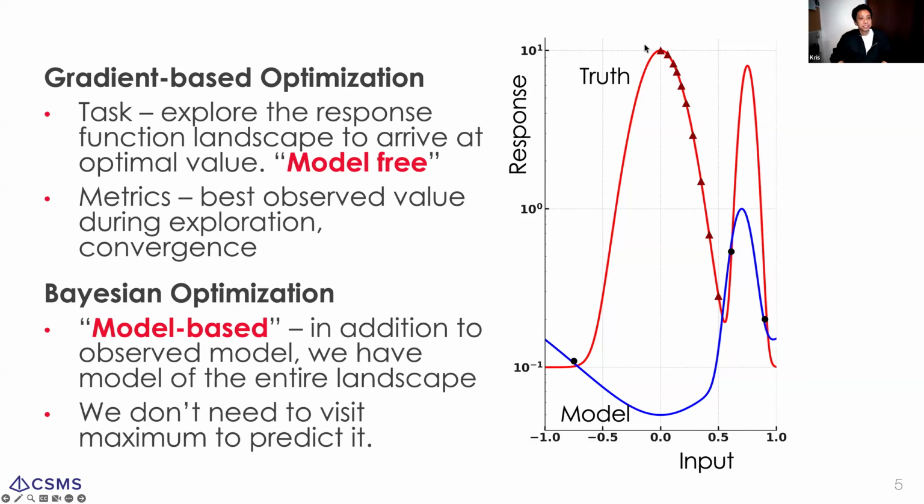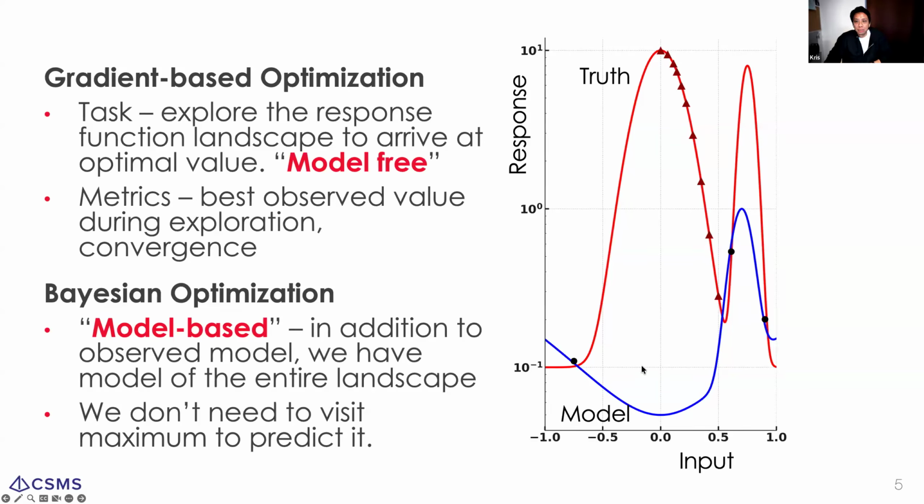Contrast this with Bayesian optimization. Bayesian optimization, like we said, is model based. We have an underlying model of the entire ground truth all over the place, not just at the data points that we have available to us. So we have a model of the entire landscape, which means that we could predict where the maximum is without having data points at that position, right?